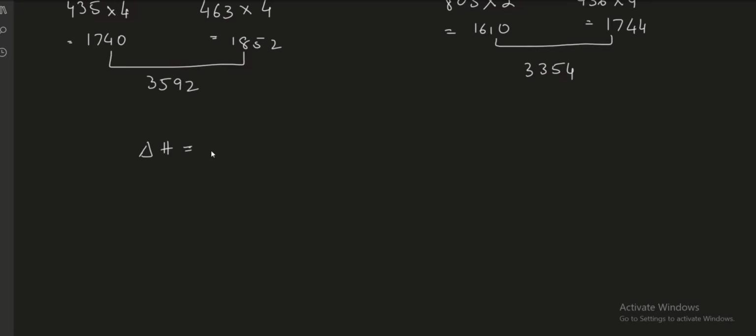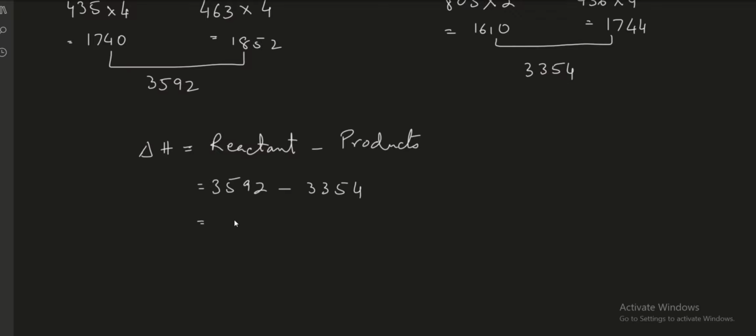Delta H is equal to the sum of the bond energies of the reactants minus the sum of the bond energies of the products. So it would be 3592 minus 3354.